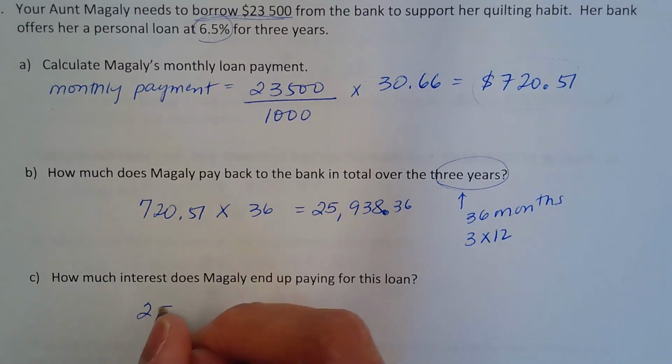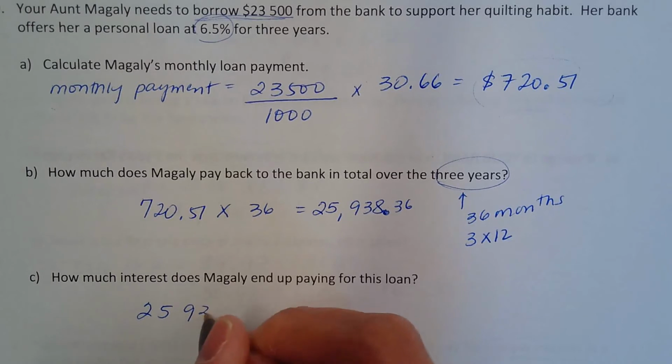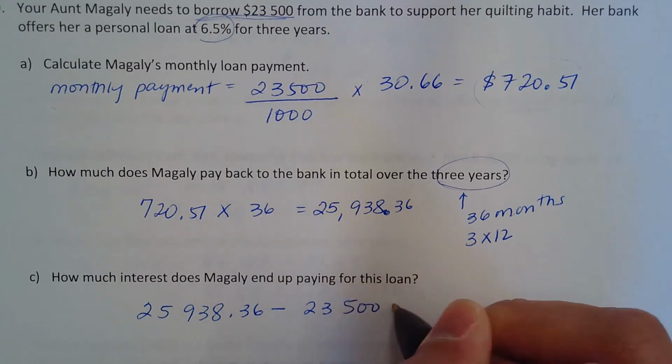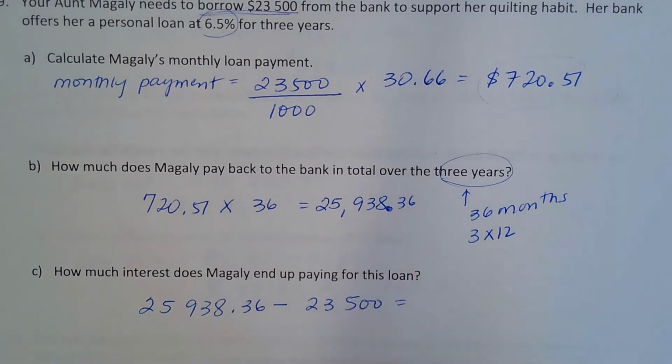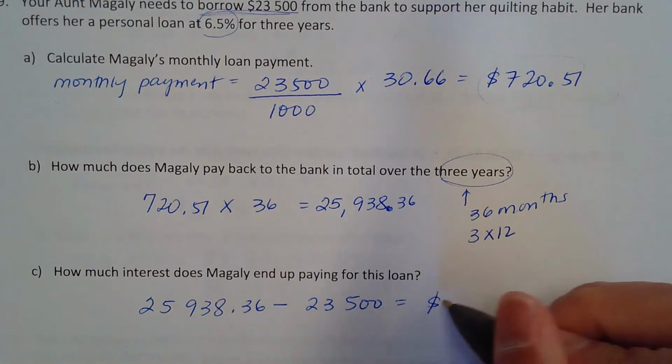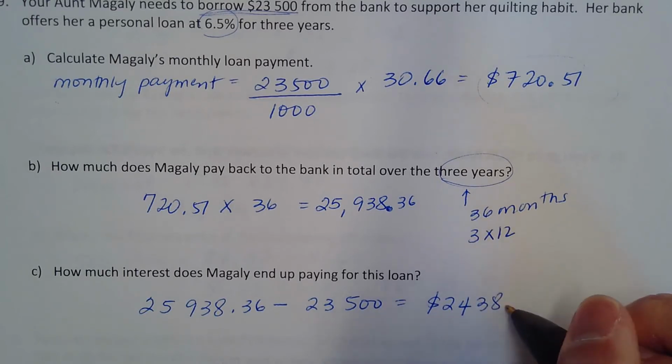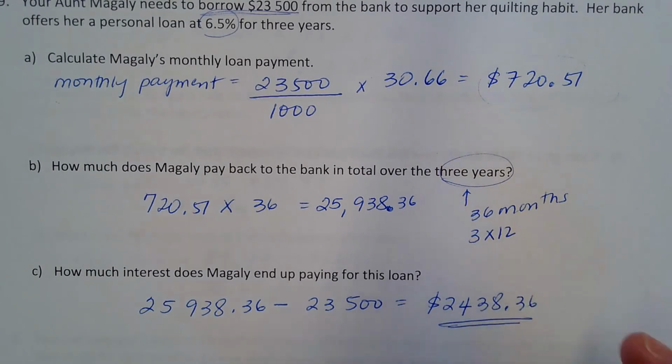So $25,938.36 minus 23,500. So it's going to be $2,438.36.